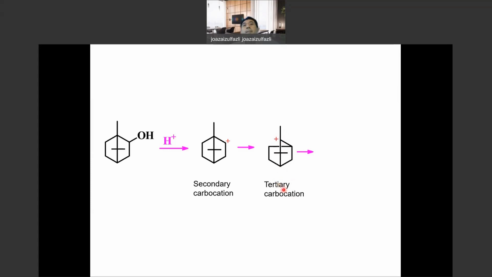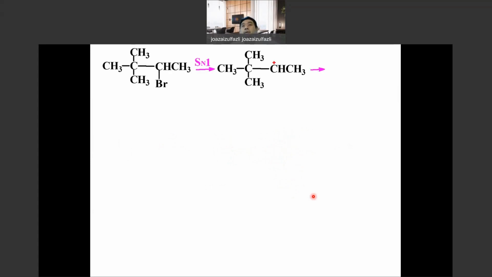You form a tertiary carbocation. So you form this bicyclic system from one ring, with a bridge. This is tertiary, more stable. Then you can form an elimination product for this example.